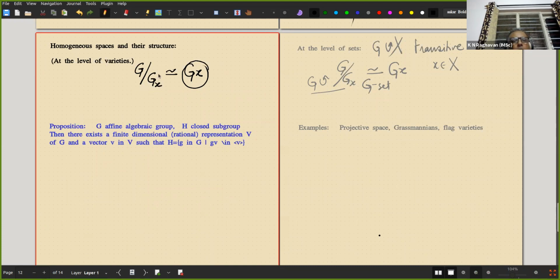Now, what we need to do on this side is give this a variety structure. This is one of those things that is at first pass good to take for granted. So I'll just state it without saying anything more: if G is an affine algebraic group and H is a closed subgroup, note that here I'm not using anything about reductive or linearly reductive.